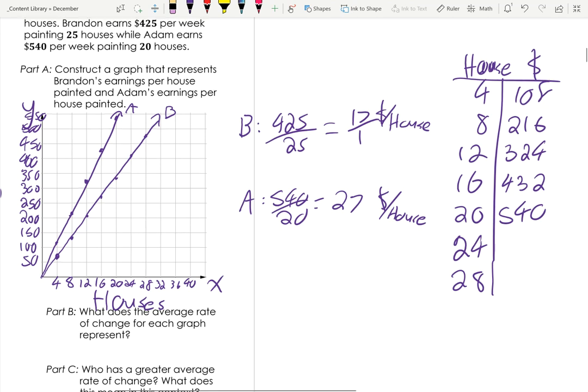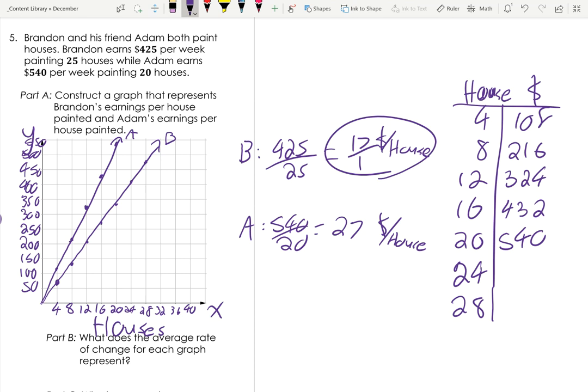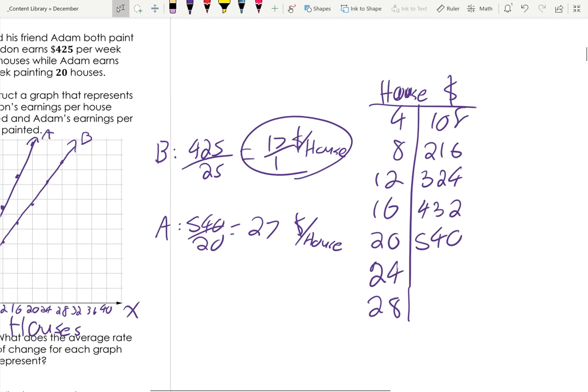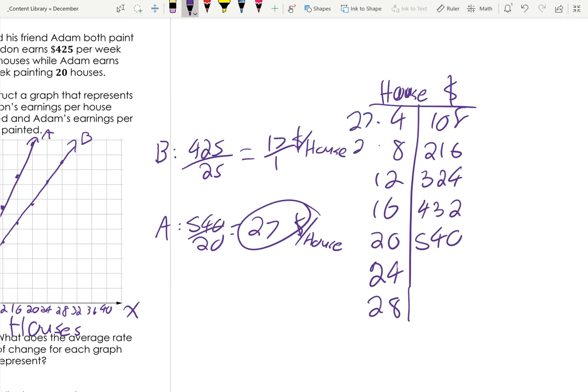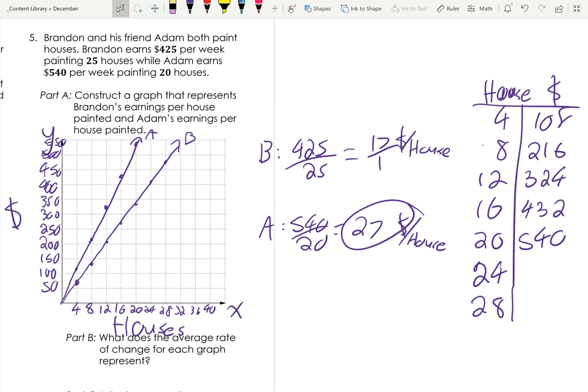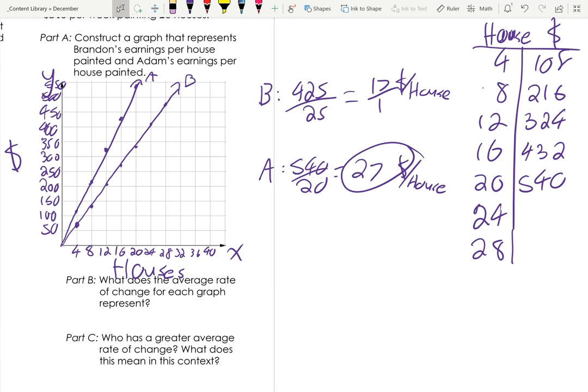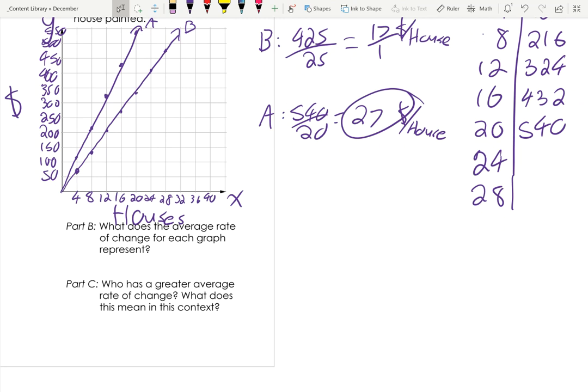But you see how we did it. We found the rate of change per house. We know that Brandon was 17, so we just did all these numbers times 17 to get those points. And Adam's was $27 per house, so we did all these numbers times 27 to get those points, and we were able to plot them on the graph, or to the best of our ability, sort of get them on the graph.